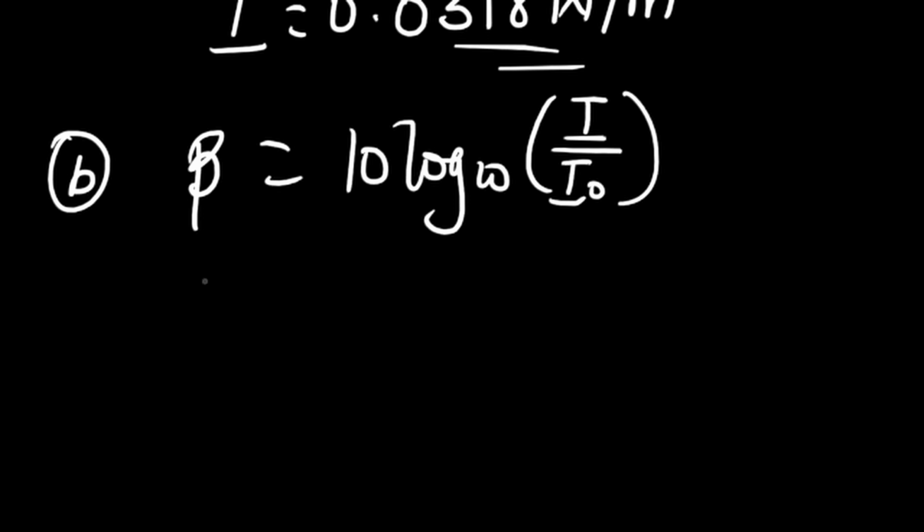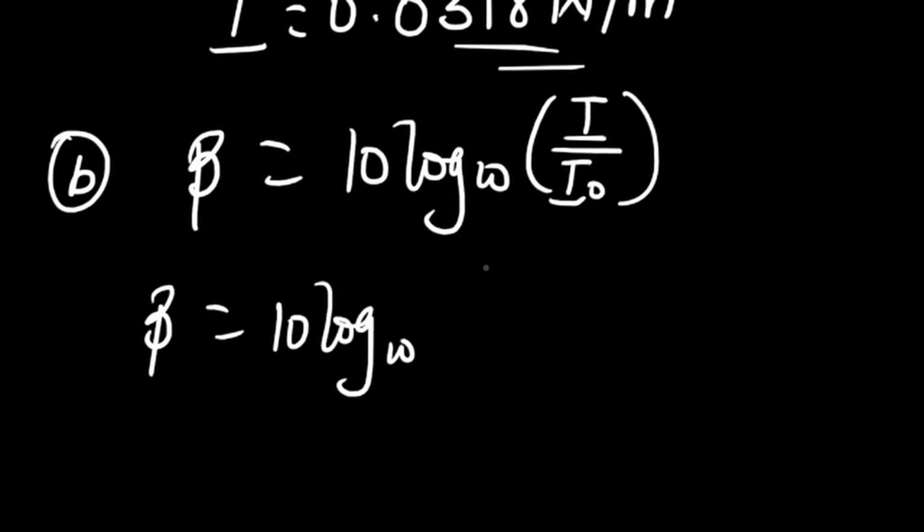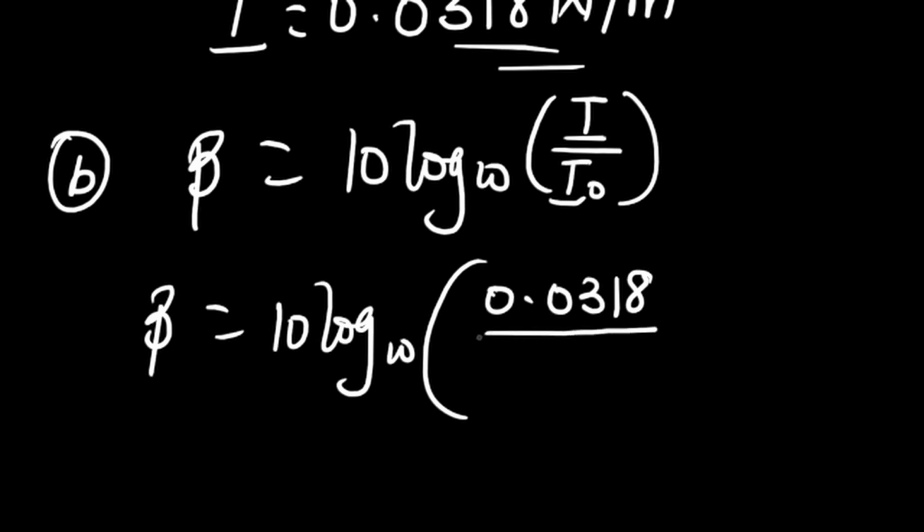Let's solve this further. Here we have this equal to 10 log base 10. We open our bracket. Our sound intensity was found to be 0.0318 over our threshold of human hearing, 1.0 times 10 to the power of minus 12.